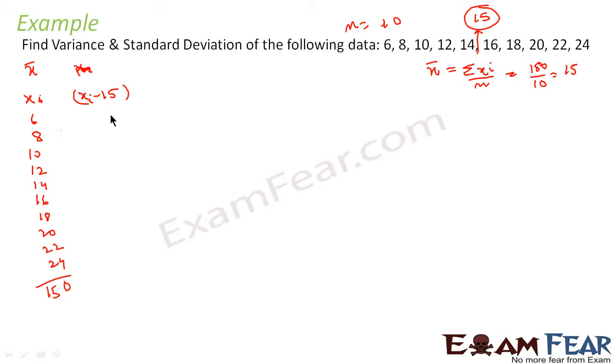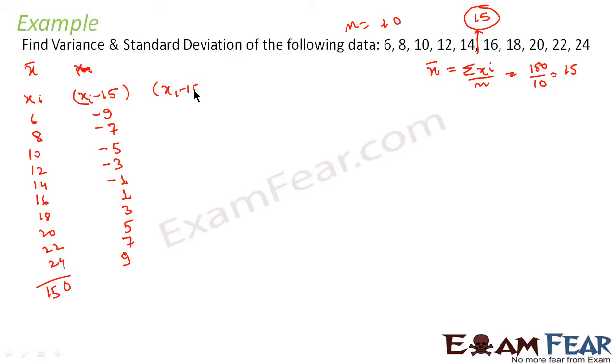So 6 minus 15 is minus 9, 8 minus 15 is minus 7, 10 minus 15 is minus 5, 12 minus 15 is minus 3, 14 minus 15 is minus 1, 16 minus 15 is 1, 18 minus 15 is 3, 20 minus 15 is 5, 22 minus 15 is 7, and 24 minus 15 is 9.